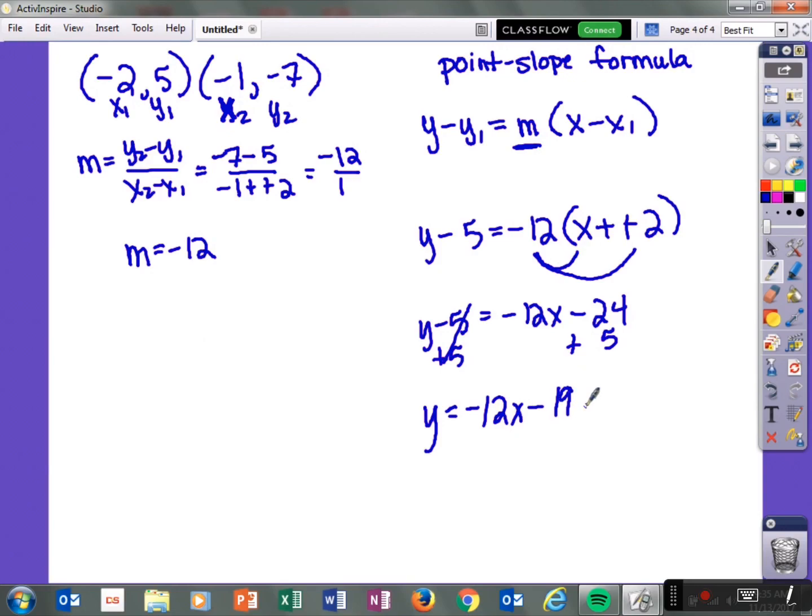Yes. What's your slope? Negative 12 over 1, or just negative 12. And what's your y-intercept? Negative 19. How'd you get 24? Negative 12 times 2. That's what the shark fin is. Multiply.